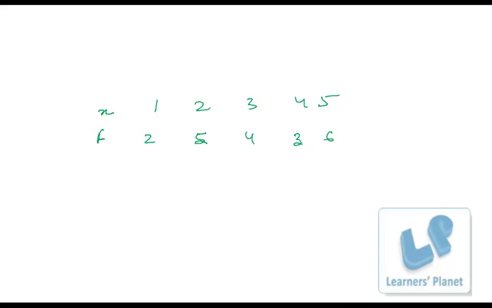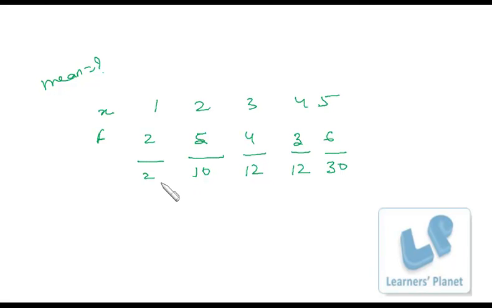Okay, then what will be the mean? Now 1 is appearing 2 times, that means the total is 2. 2 is appearing 5 times, that means the total is 10. 3 is appearing 4 times, that means the total is 12. 4 is appearing 3 times, that means the total is 12. 5 is appearing 6 times, that means the total is 30.